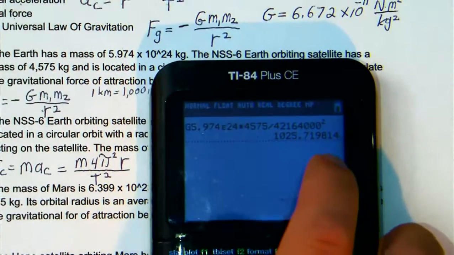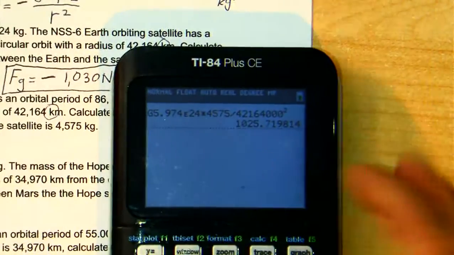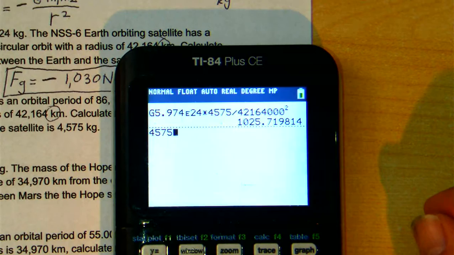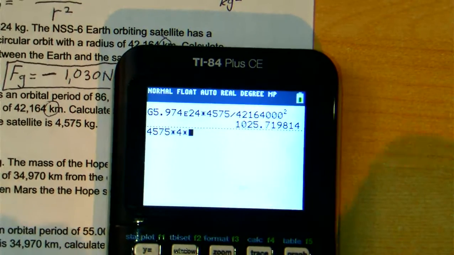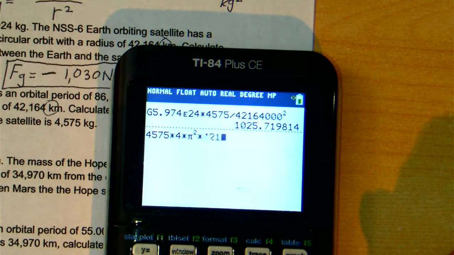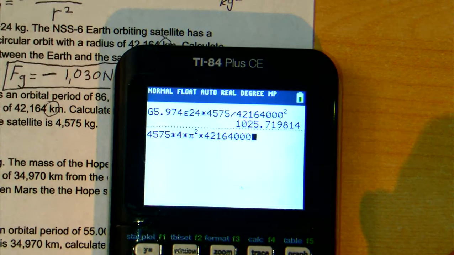All right, well, so the mass is 4,575 kilograms. I'm going to multiply that by 4. I'm going to multiply that by pi squared. I'm going to multiply that by 42,164,000.